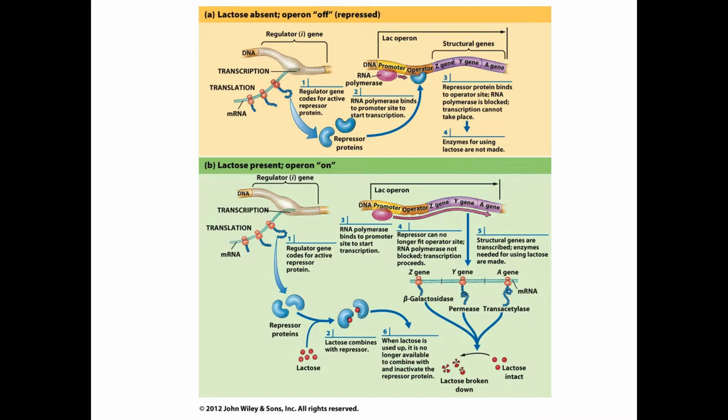So what happens when it's turned on? In this case, lactose will bind to your repressor protein. Now RNA polymerase can transcribe the genes in the lactose catabolic pathway, because the repressor can no longer bind to the operator due to an induced change in the structure of the protein.